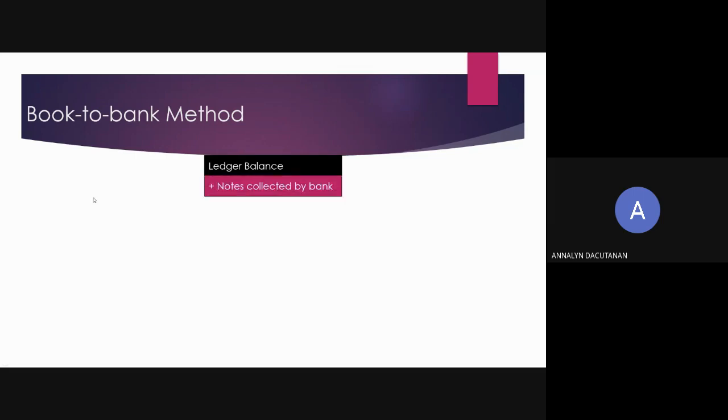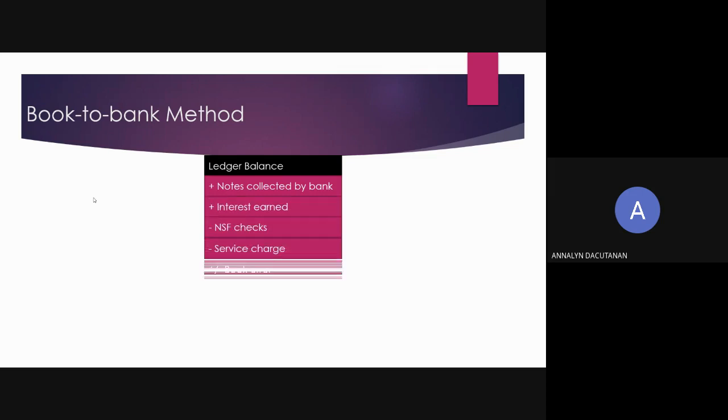Use the usual formula: plus notes collected, plus interest earned, minus NSF, minus service charge, plus or minus book error. Now we'll arrive at our adjusted book balance. But that's not what we're looking for. We're looking for the book balance. So the next thing we need to do is reverse the formula affecting the bank.